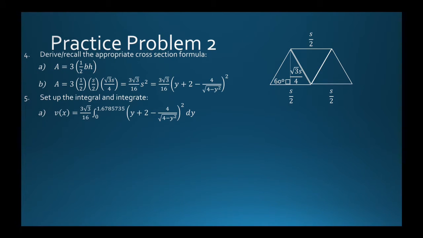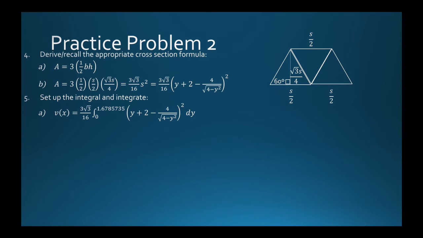So we'll be doing 3 root 3 over 16 times the integral from 0 to 1.6785735. These bounds were found by finding the intersection points, of y plus 2 minus 4 over the square root of 4 minus y squared, all squared, dy.